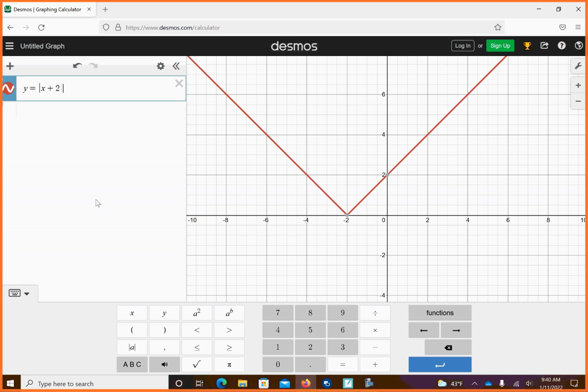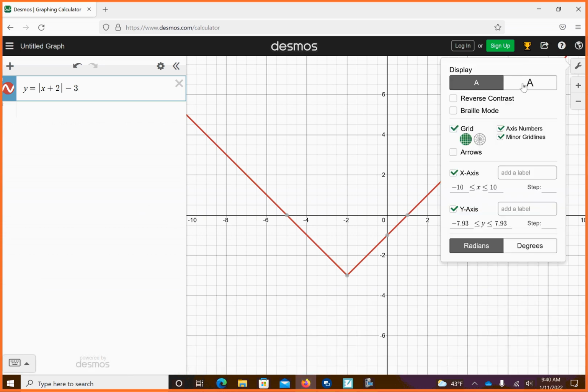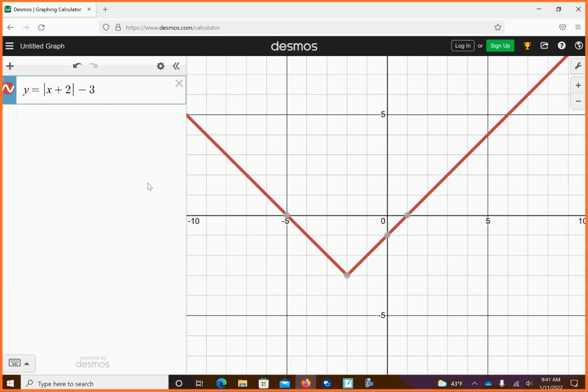Move the arrow out to continue the absolute value, and then minus 3. Okay. Let's darken this a smidge. Like that. So you're seeing pretty much the whole graph there. There's not a whole lot that's going to happen as I go to the right and up or to the left and up. But talk to me about things that you notice about the graph.